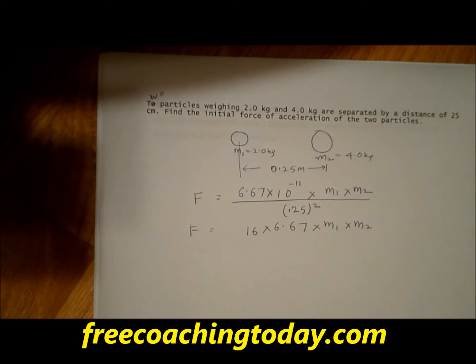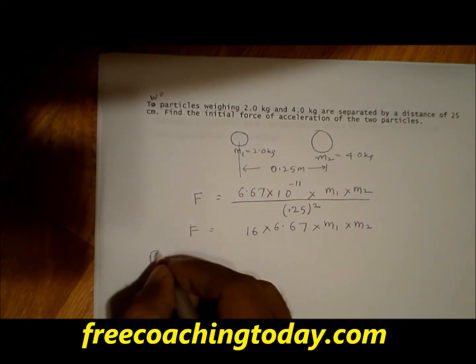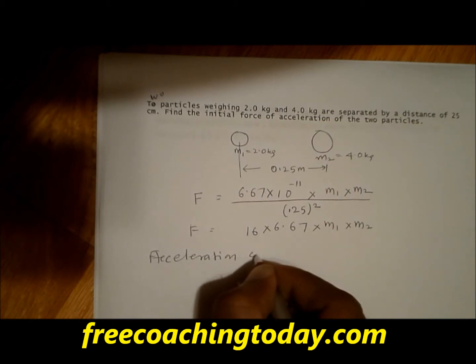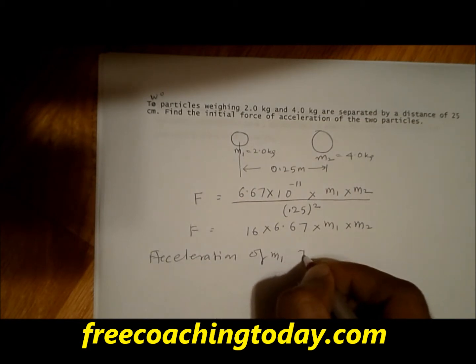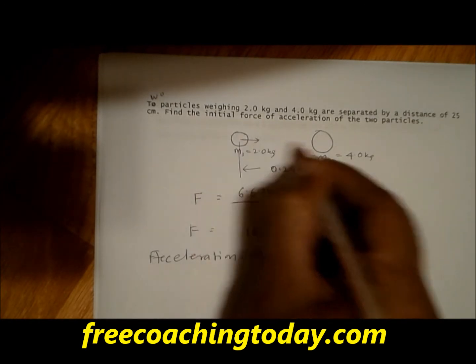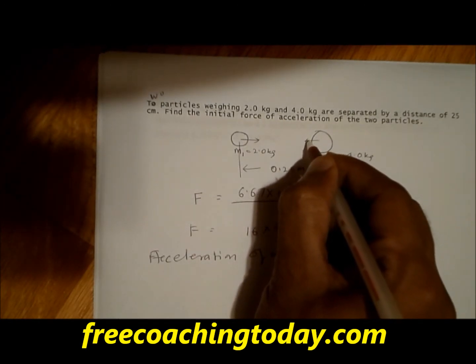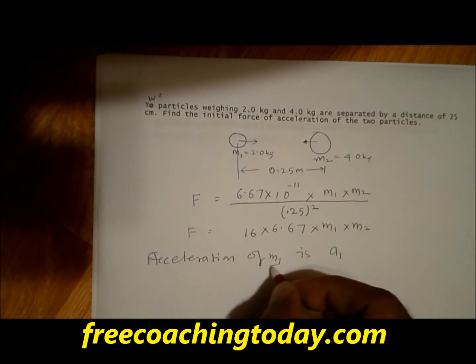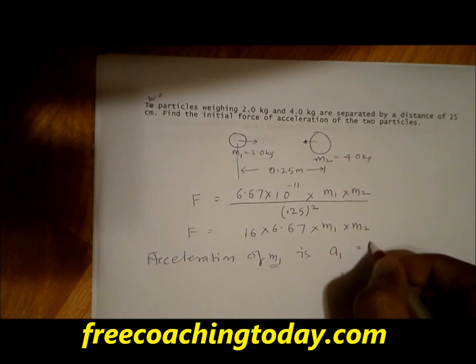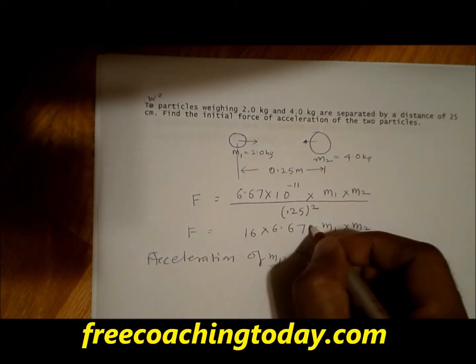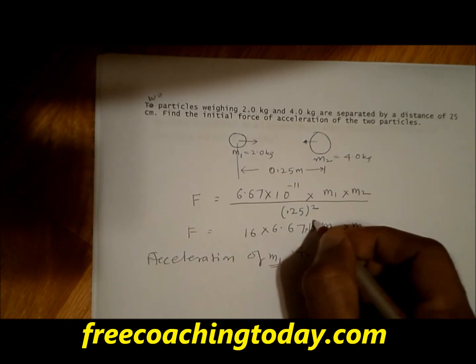Now here's what's happening. Let's say the acceleration of m1 is a1, so m1 starts moving and m2 also starts moving. The acceleration of m1 is given by F divided by m1. I missed the 10 to the power minus 11 here.